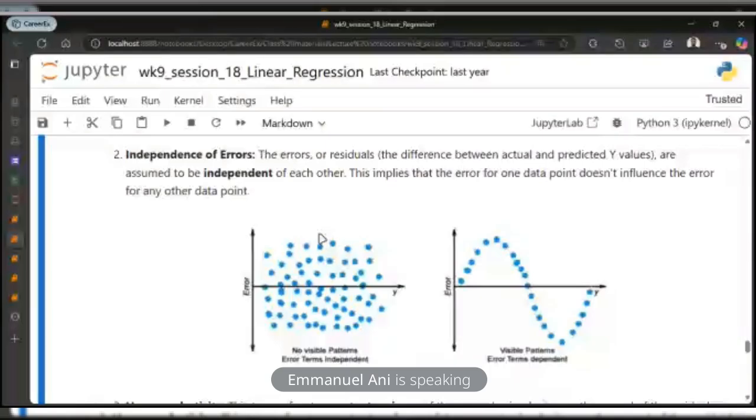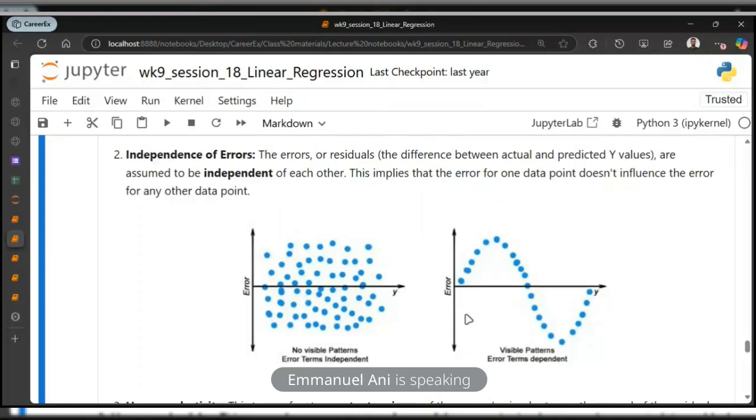On this graph here, after we get the residual of all the data points and we plot it and we get something like this, this basically tells us that there's no relationship. All the individual residuals are independent. So this is another assumption that needs to be met.